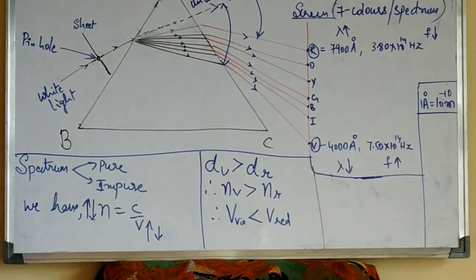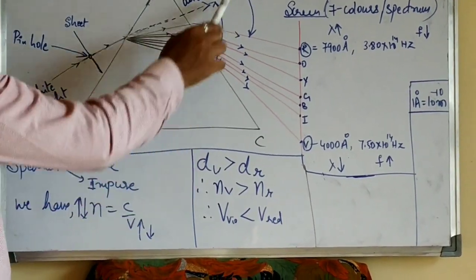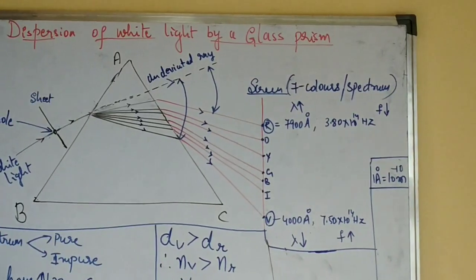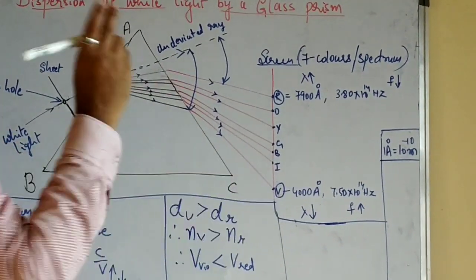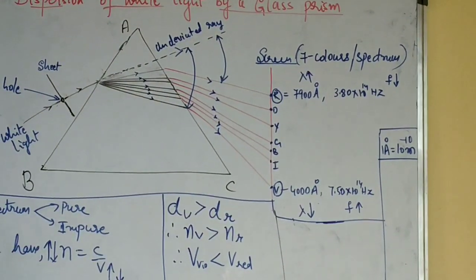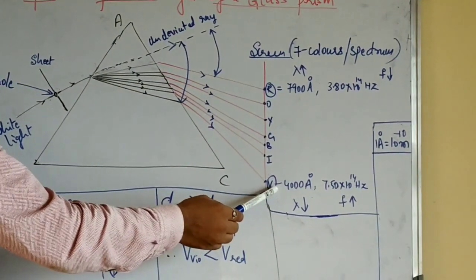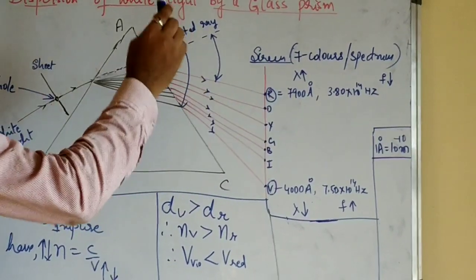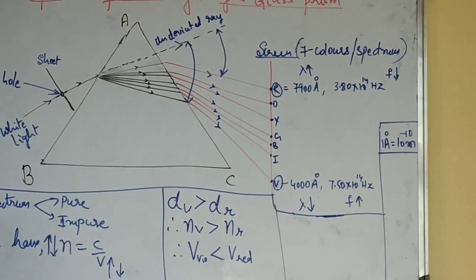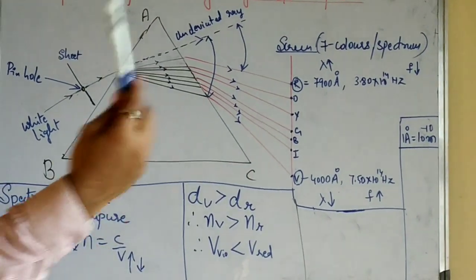You can see here the spectrum of 7 colors: violet, indigo, blue, green, yellow, orange, red. Just make a comparison for only 2 colors: the first color, violet, and the last, red, on the top. Among these 2 colors, which has maximum deviation?